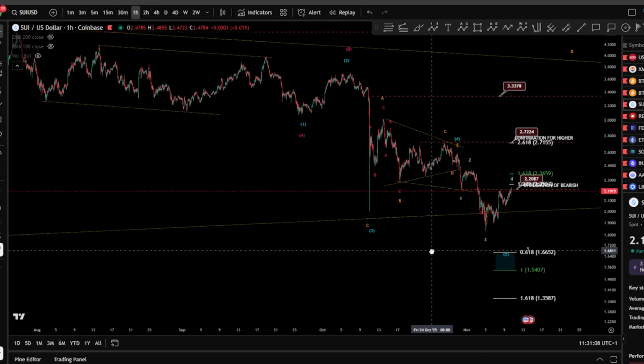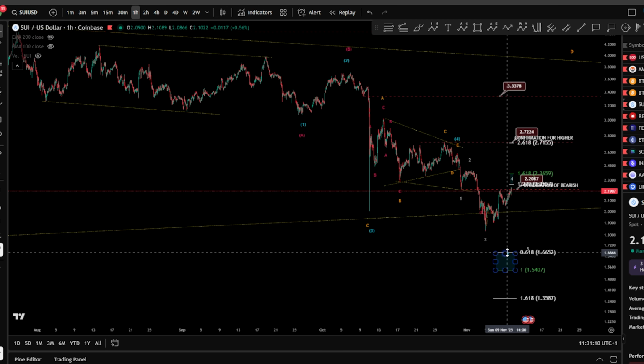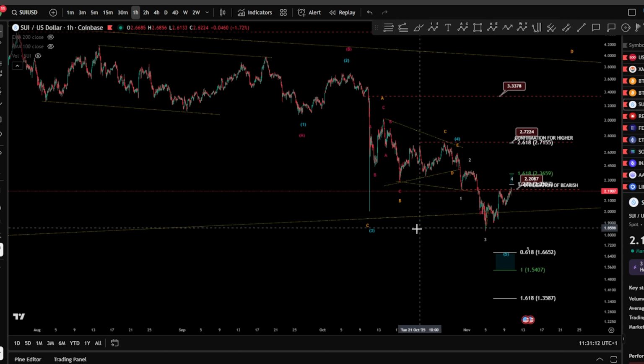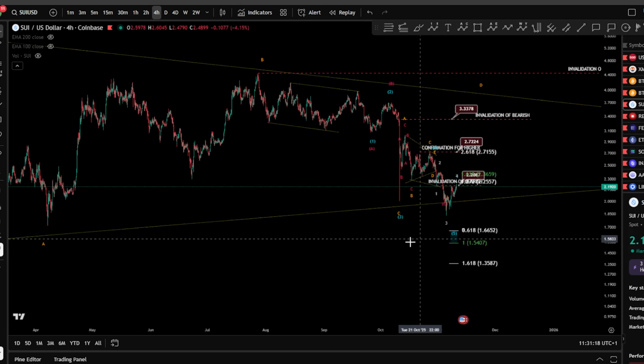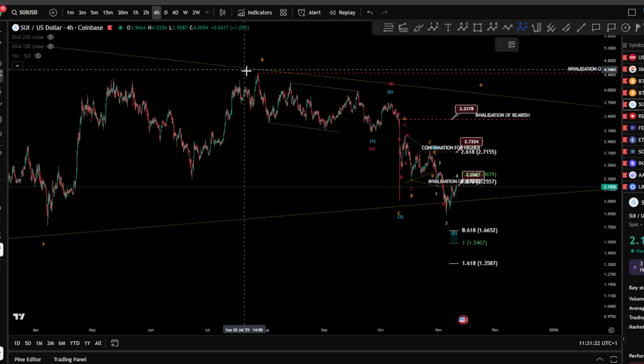And what it might be the case here, if we finished here in 3 waves down, we have to call a W, X, and a Y over there. And that means 3 waves toward the downside. Don't forget that we can count this definitely as a W here.